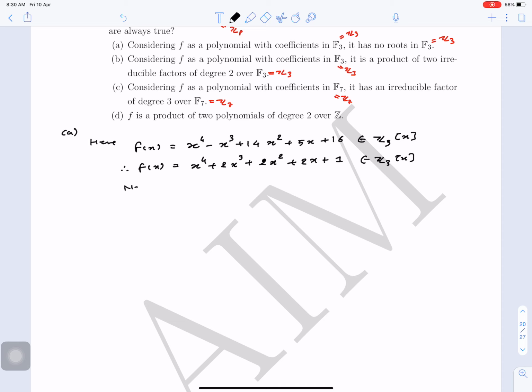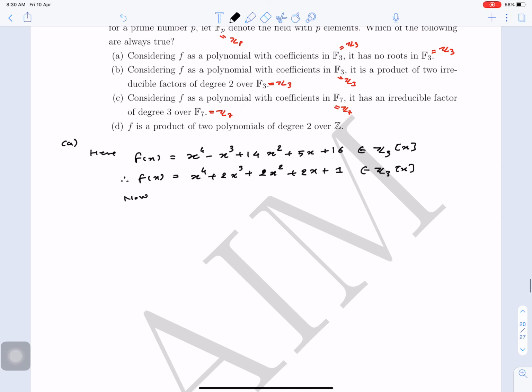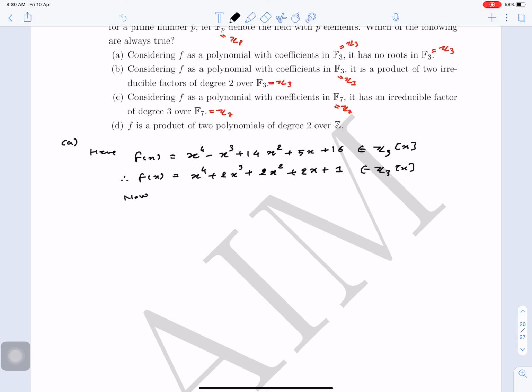So now we want to check whether it has a root in Z3 or not. Now Z3 is what? 0, 1 and 2 only. So f(0) will be 1, not equal to 0. f(1) will be 1 plus 2 plus 2 plus 2 plus 1, and it is 8. But 8 in Z3 is 2, which is not equal to 0.